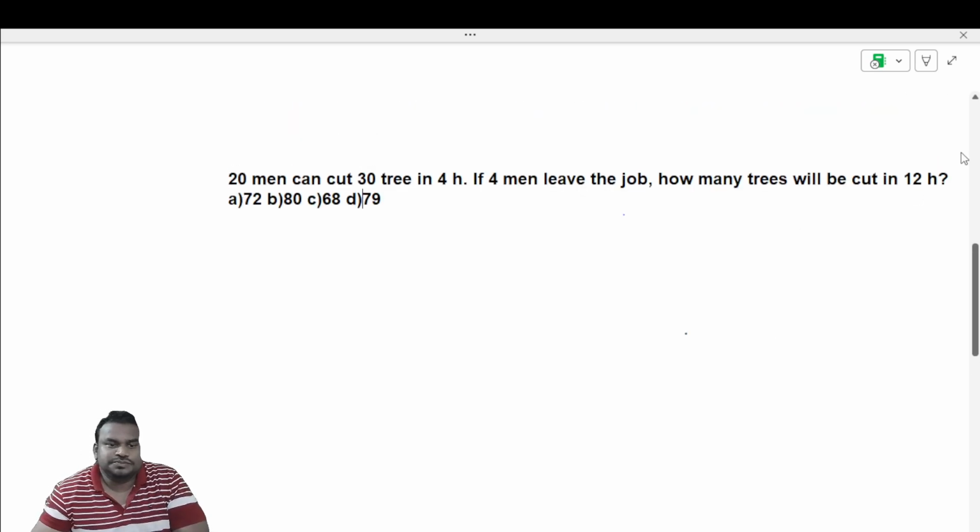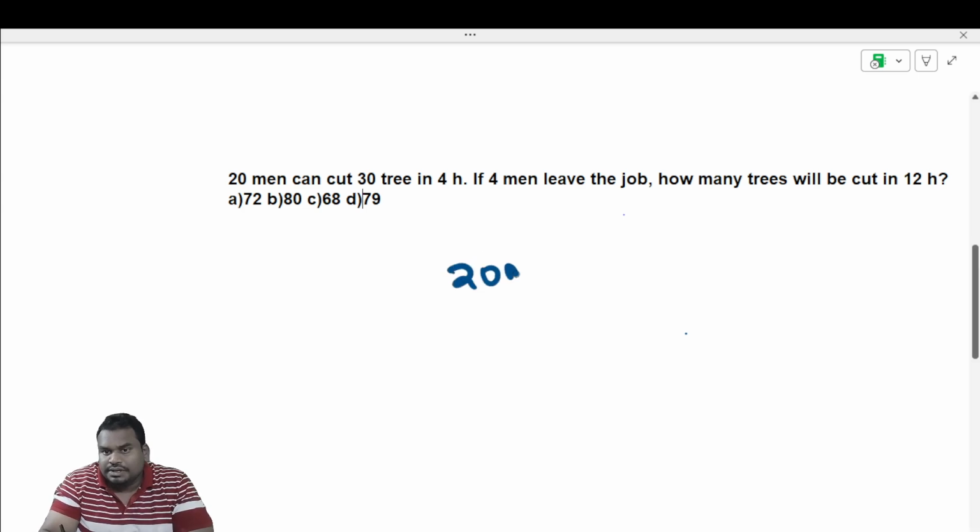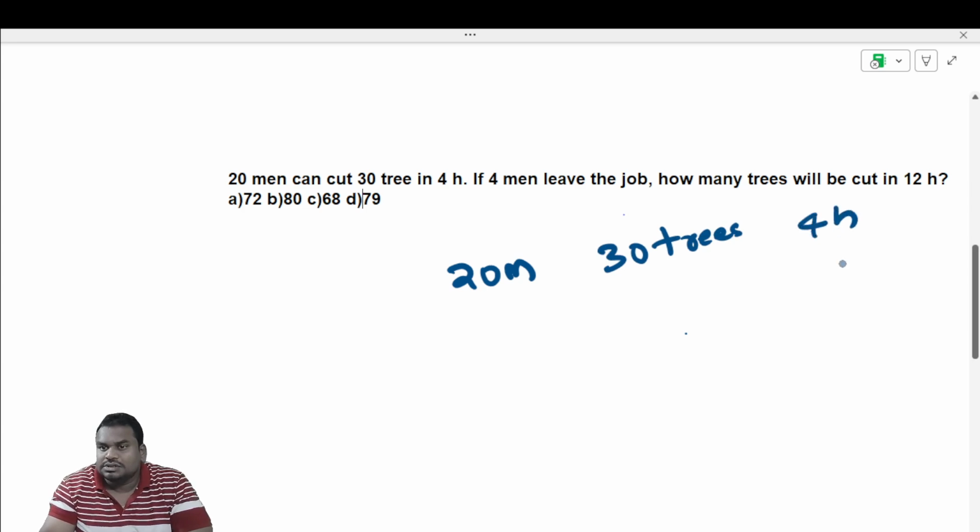Question. One more question. If 20 men can cut 30 trees in 4 hours. See, time and work.